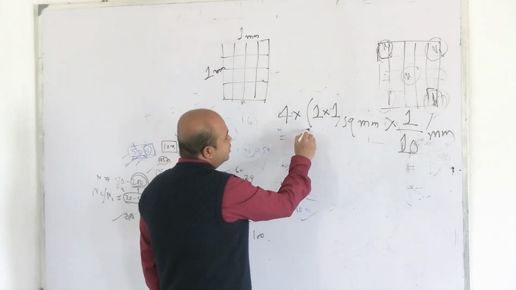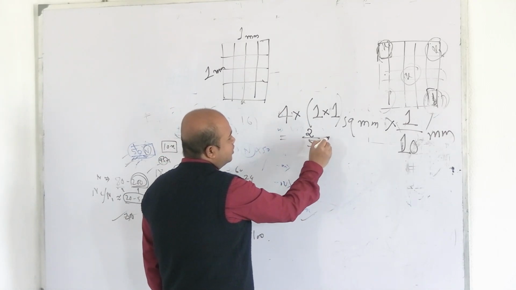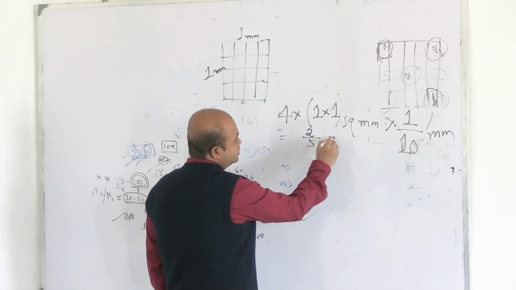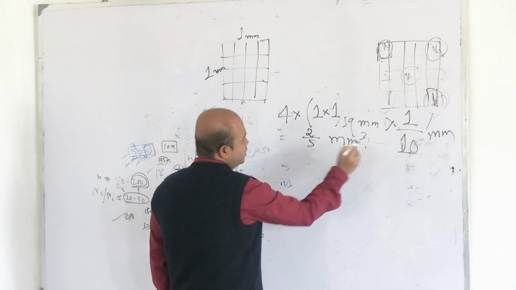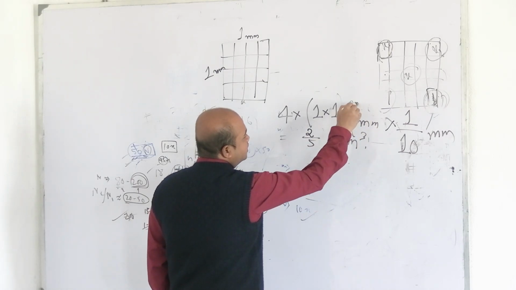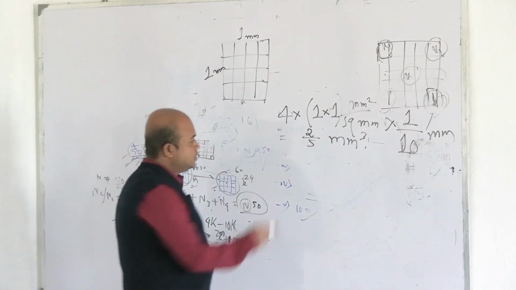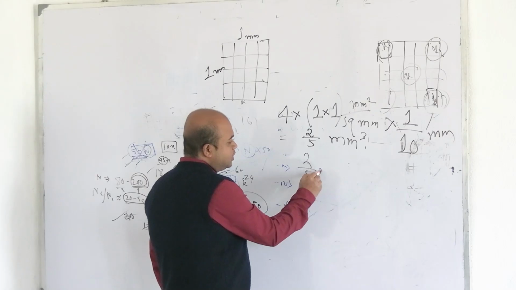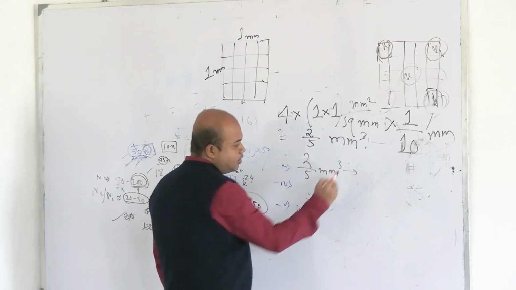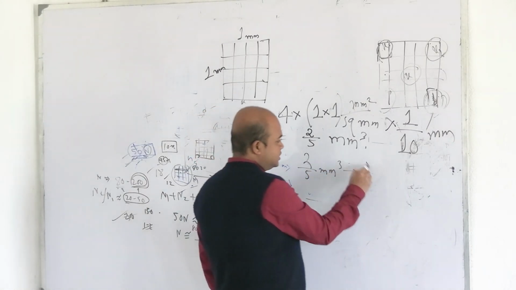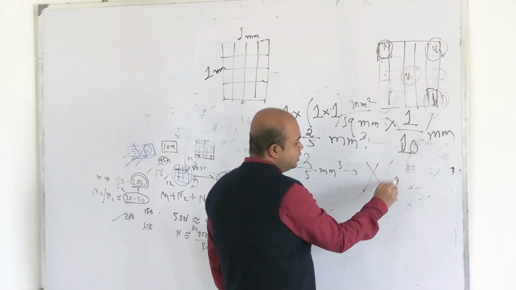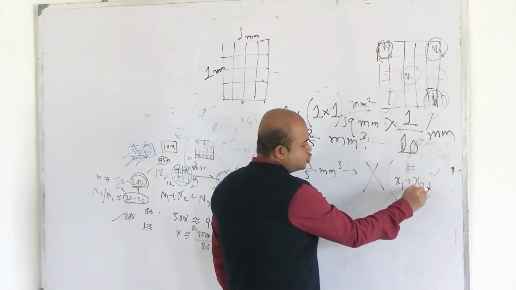So it's 2/5 cubic millimeters, millimeter cube. Square millimeter can be written as millimeter square. So this is for WBC. So 2/5 millimeter cube contains the number of cells which you are counting, say capital X, which is actually from counting 4 squares.